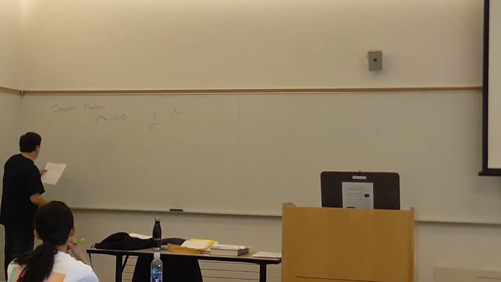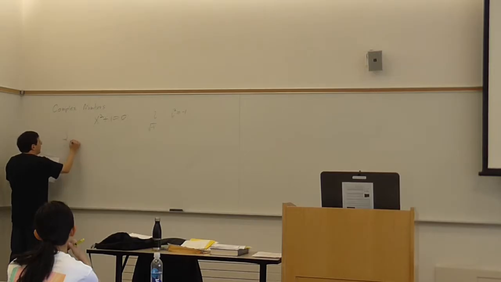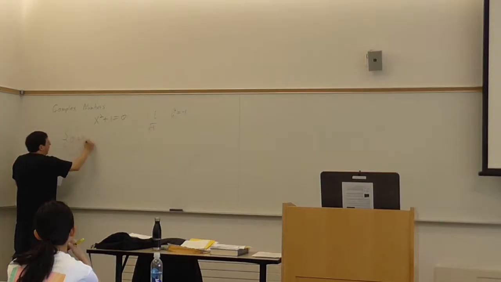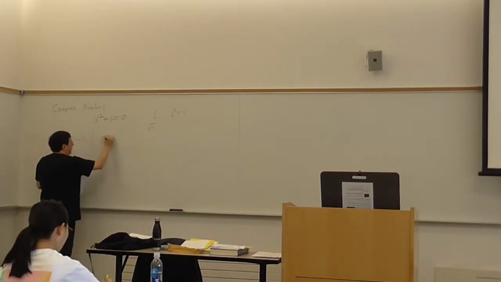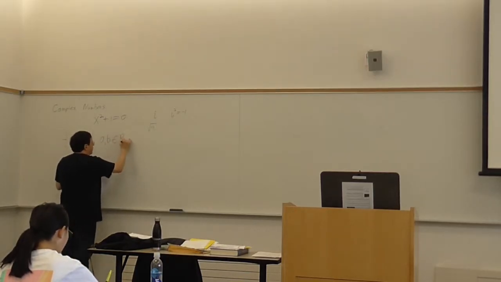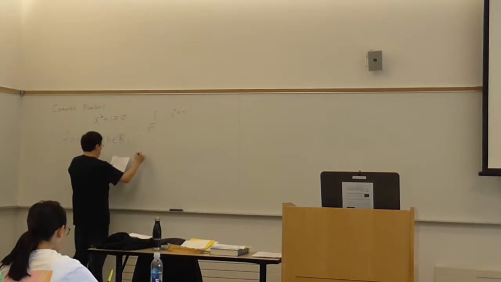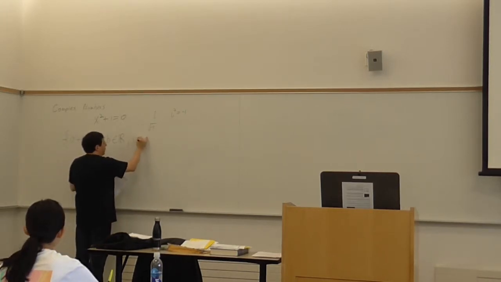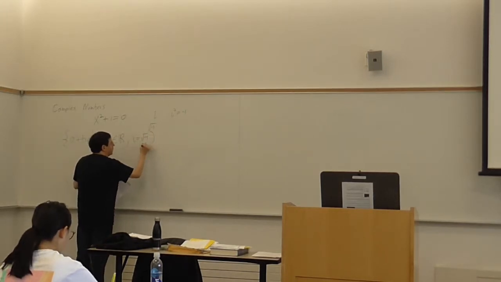A complex number we define as a number a plus bi, where a and b are real numbers, and i we define as the square root of negative 1.